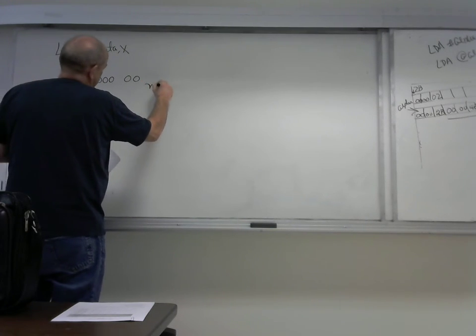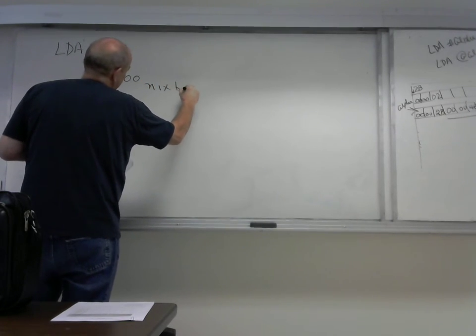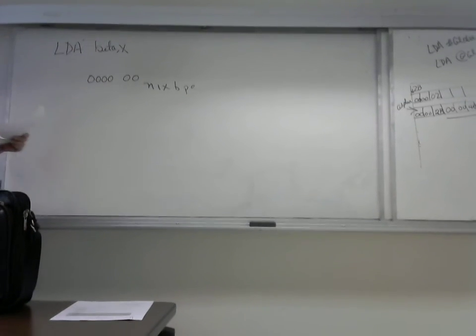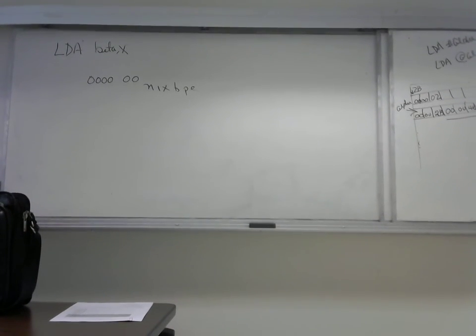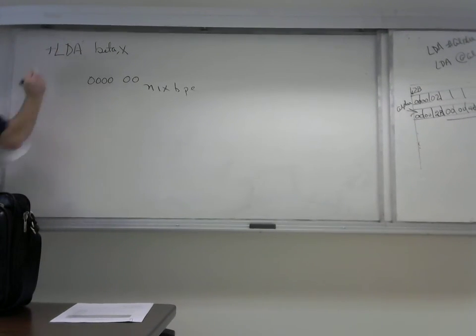And then we have NIX, B, P, E. Wrong thing. Plus LDA beta comma X on line 10. Okay, I think we've got it. Holler at me if I write something down that's wrong. Okay, beta comma X.